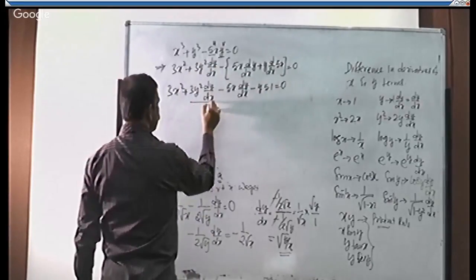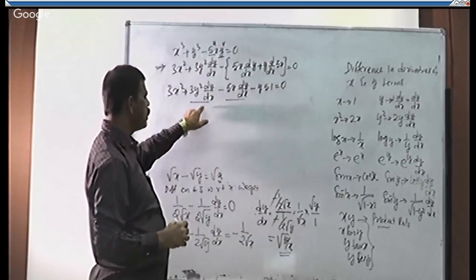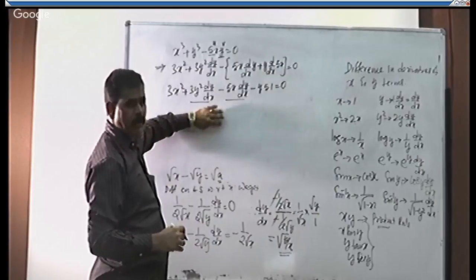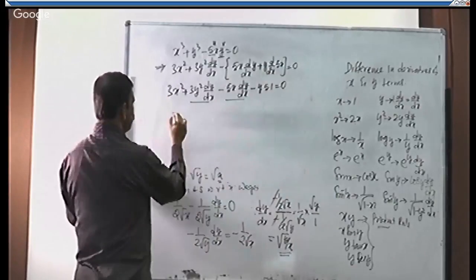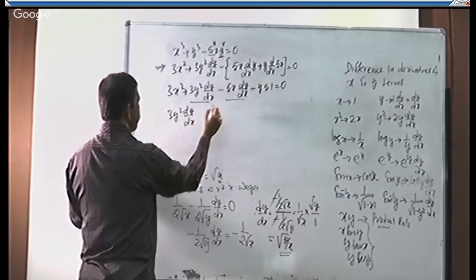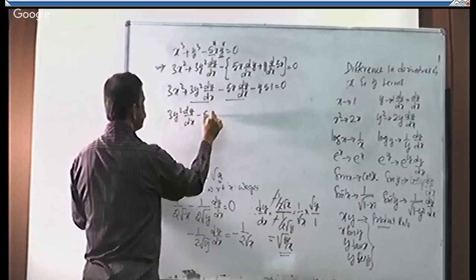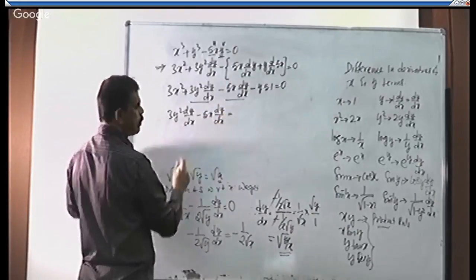Then we need to retain the dy by dx term at the left side, and we have to shift other terms to the right side. 3y square dy by dx minus 5x into dy by dx is equal to what?